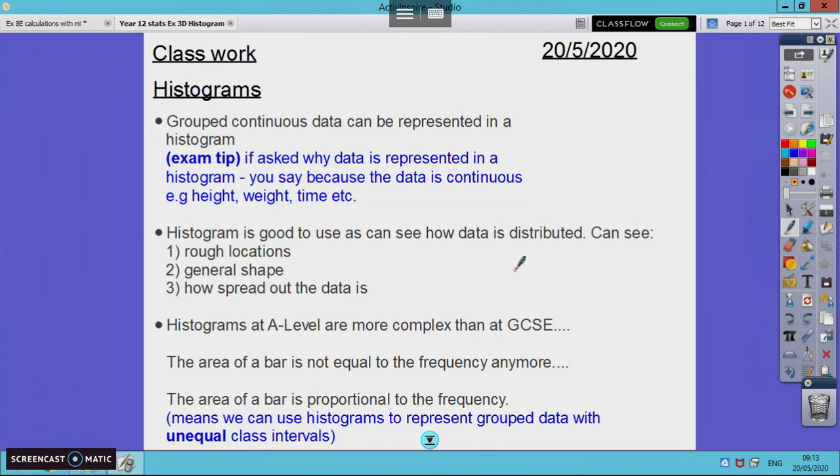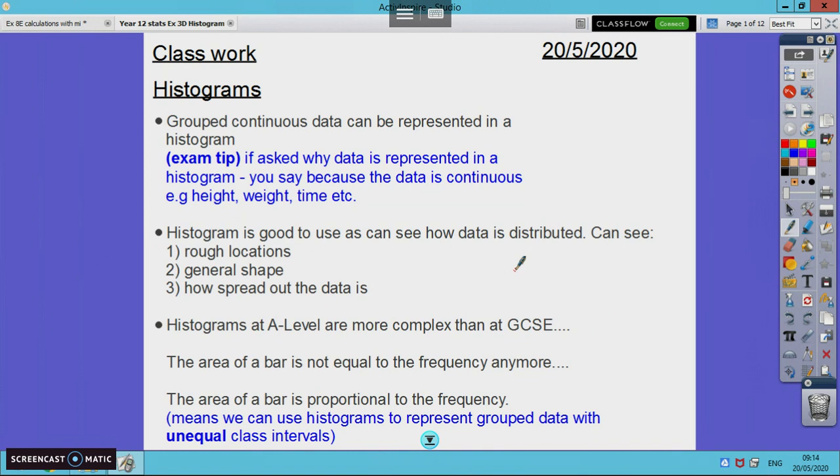So let's start going through some of the main points. There are actually 4 major skills that you need to be able to use with histograms, and I'm going to go through each one of them. The main thing is that grouped continuous data can be represented in a histogram.